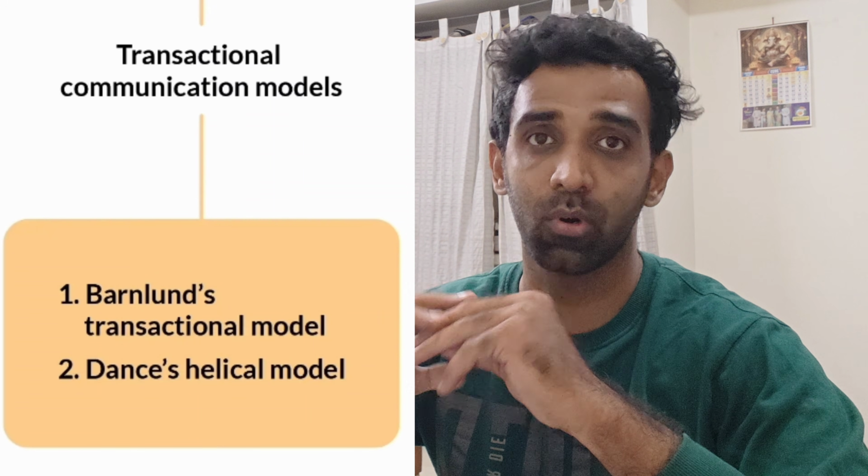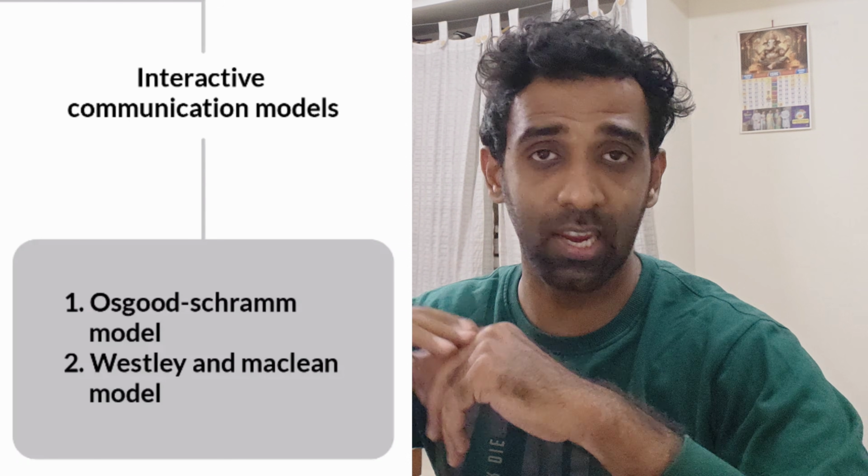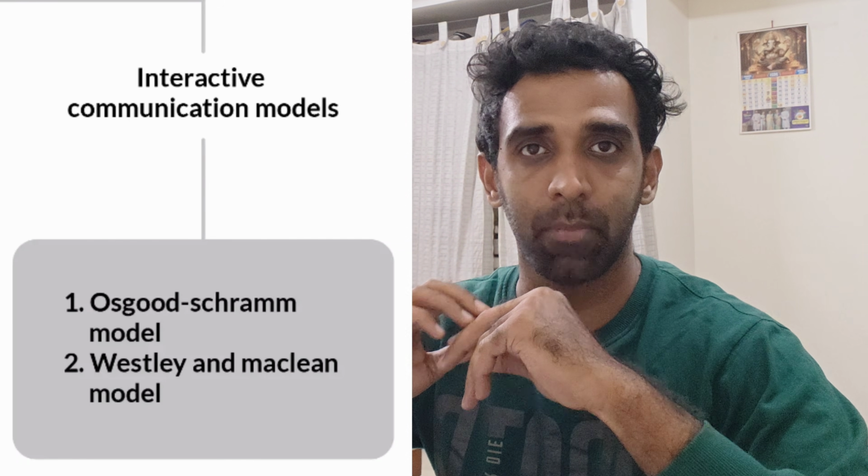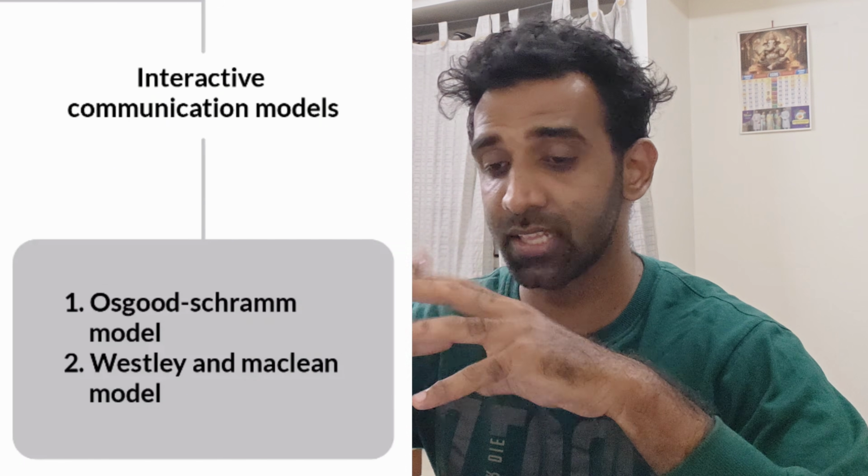The third primary model is the interactive model, where we have Osgood's model of communication and the Westley and MacLean model of communication. These are the 8 models of communication in these 3 primary models. These models help us understand how messages are delivered, received, and interpreted.